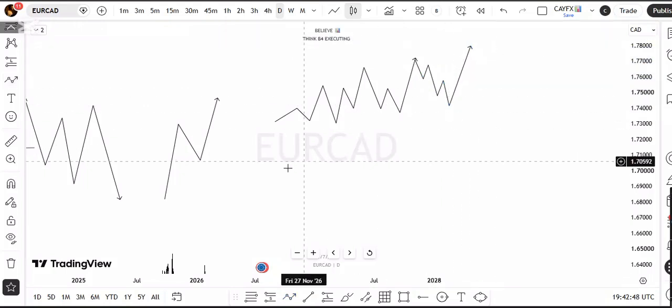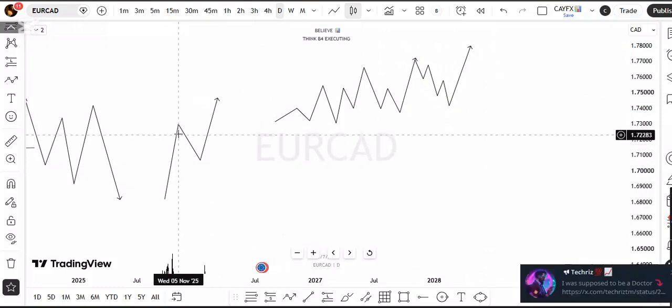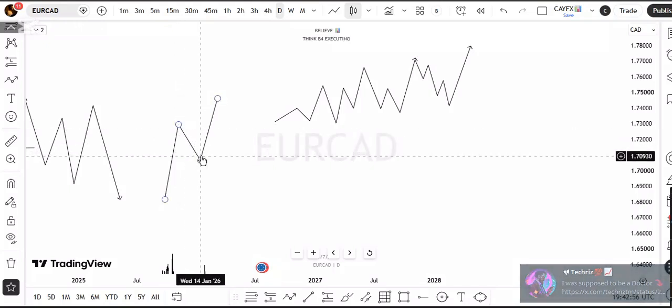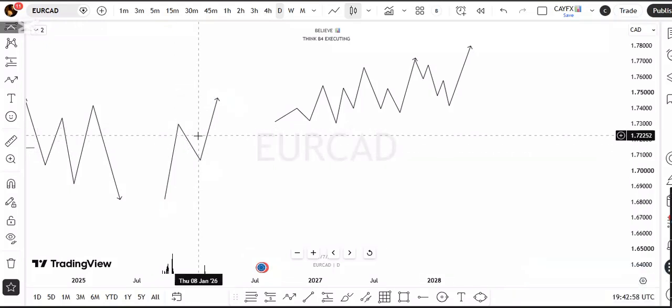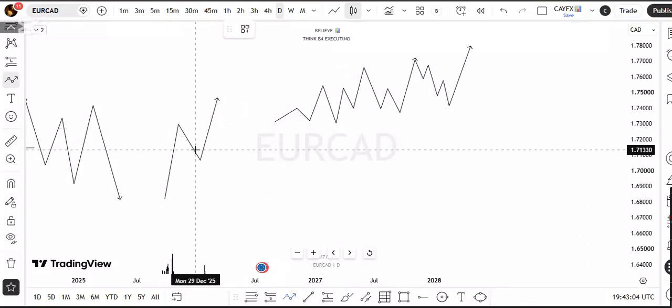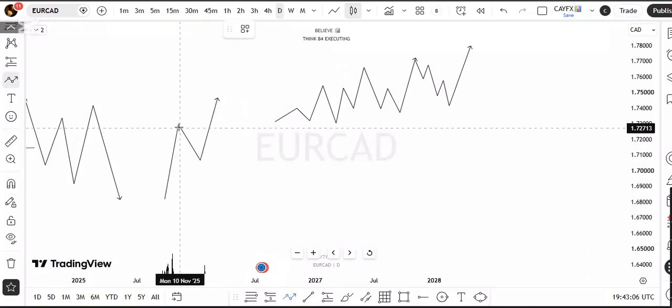So this pullback that happened in an uptrend from the daily time frame, we can trade this pullback in a lower time frame.